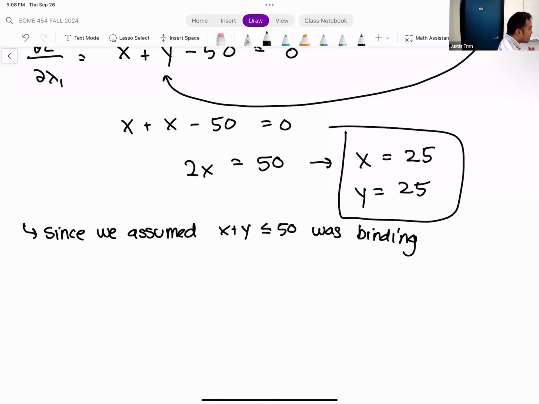But we do need to check other constraints. The other constraint that we assumed was free, we need to check to make sure that one is actually satisfied.